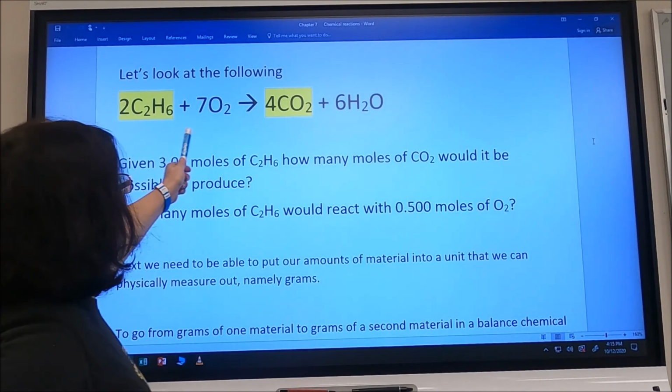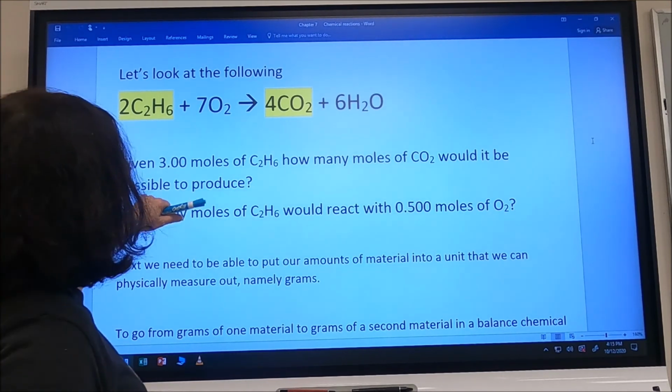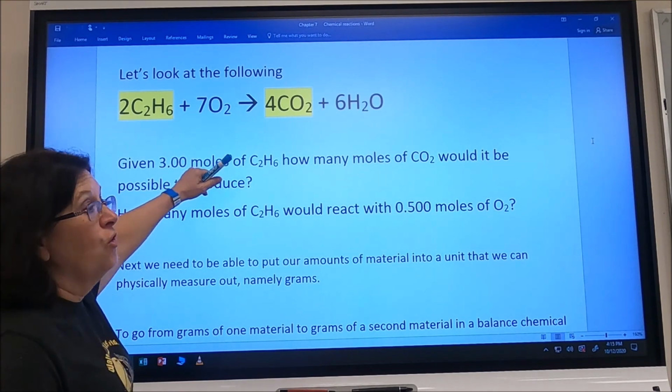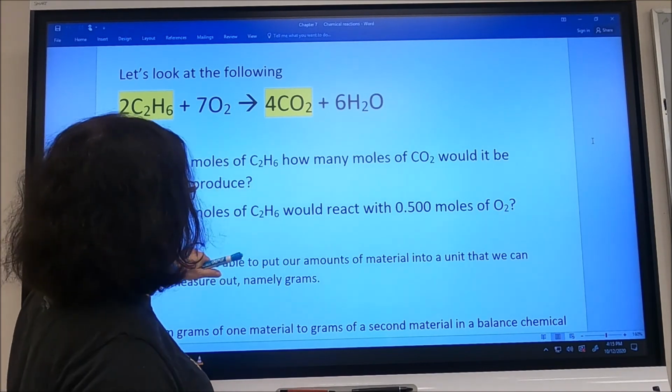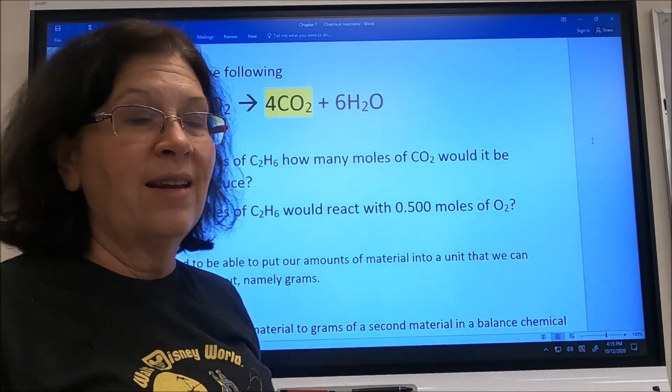So these are considered exact numbers. Remember that exact numbers have infinite significant figures. So they're not going to affect how many significant figures our answer has. Okay? So if I start out something here with 3 significant figures, my answer is going to have 3 significant figures.